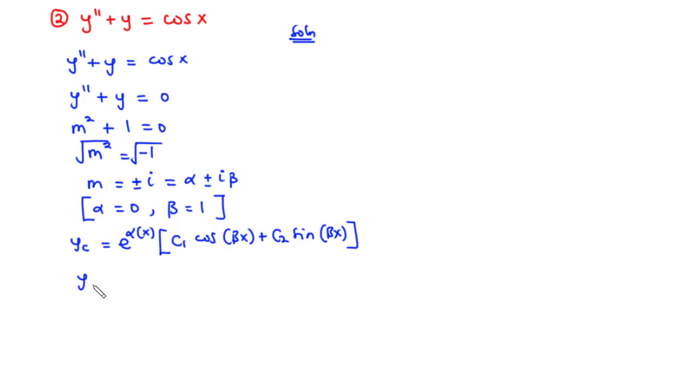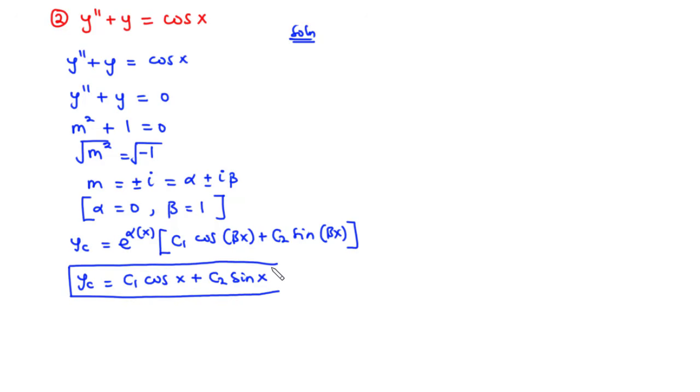Thus we have yc equal to e to the power alpha, now alpha is 0, times x, now 0 times x is 0, and then e to the power 0 is 1. So we have 1 times c1 cos x, since beta is 1, plus c2 sin x. So this is the solution to the corresponding homogeneous differential equation.